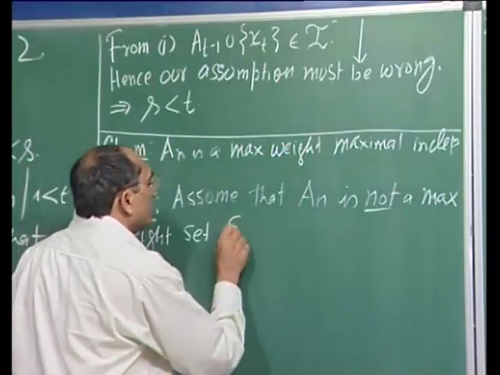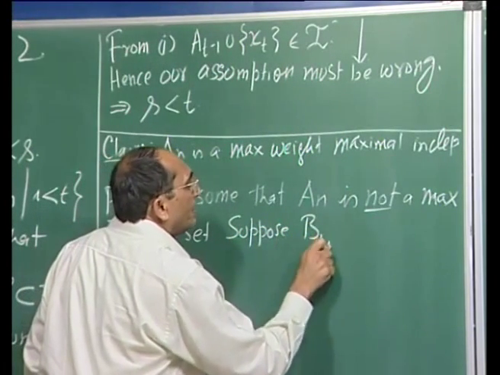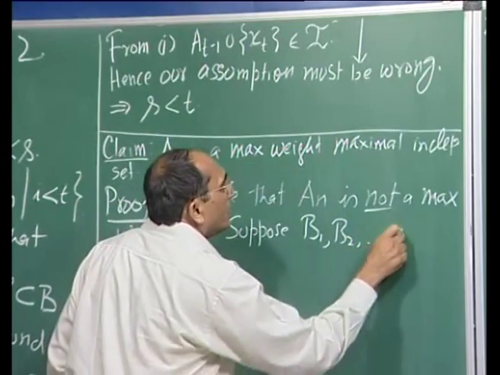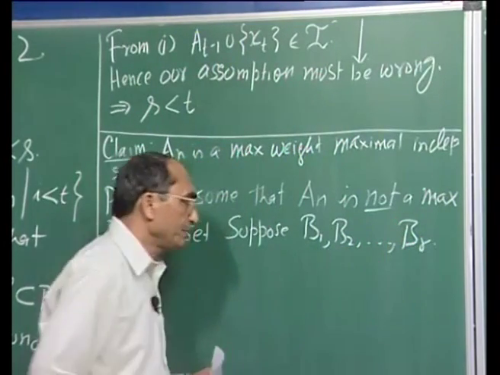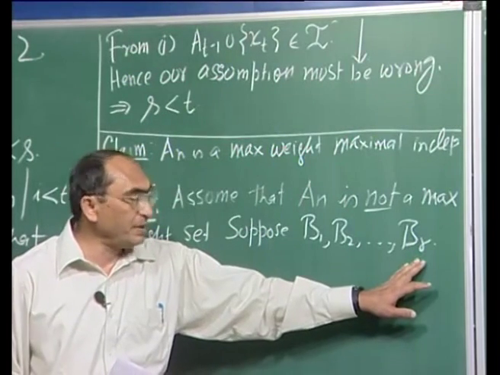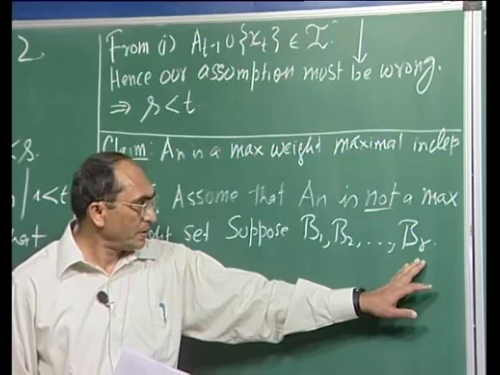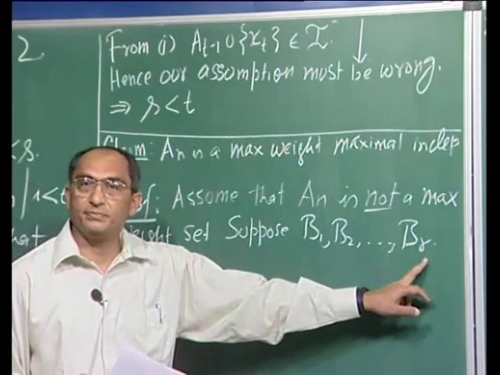So, suppose B1, B2, up to Br are all maximal independent sets with maximum weight. Notice that r has to be at least 1.